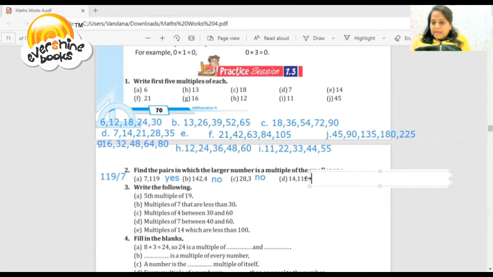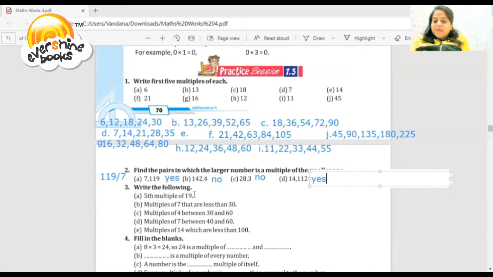And 14 and 112. Is 112 fully divisible by 14 or not? You have to check this. So 112 is divided by 14 exactly 8 times. So your answer is yes here. These both numbers are pairs. Okay. Now write the following.